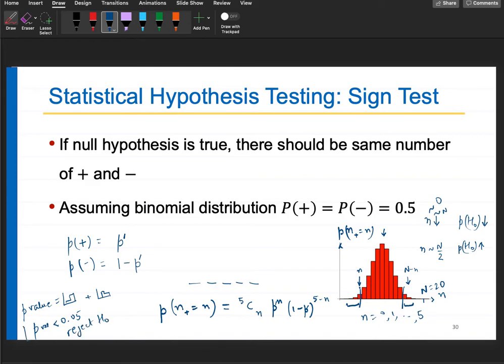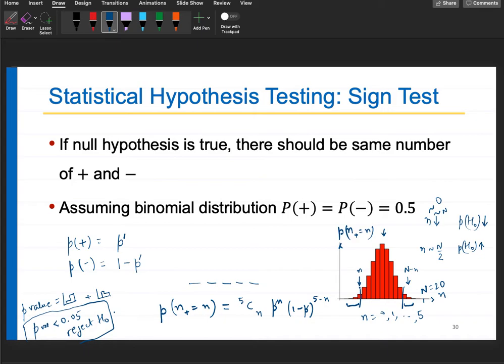This is the rule which I have created. This is the 95% significance level or 5% significance level, whatever you want to call it. Is this clear? So basically I am calculating the area under the curve, and I call that area the p-value.